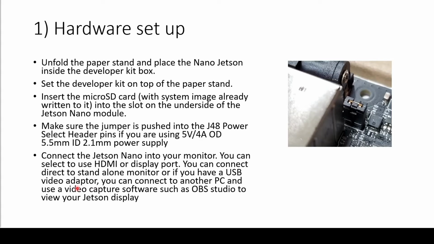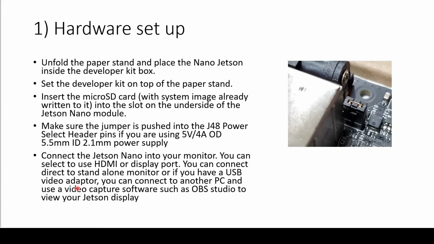Inside of the developer box that you buy, there is a paper stand that you can put your Jetson Nano on top of, or perhaps if you have a more suitable place with no conductivity, for example a rubber mat, you can also use that. Set the developer kit on top of the paper stand.